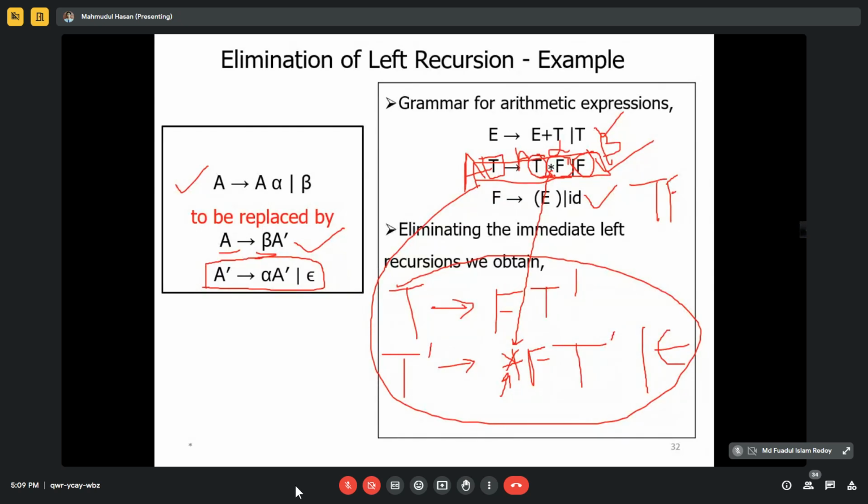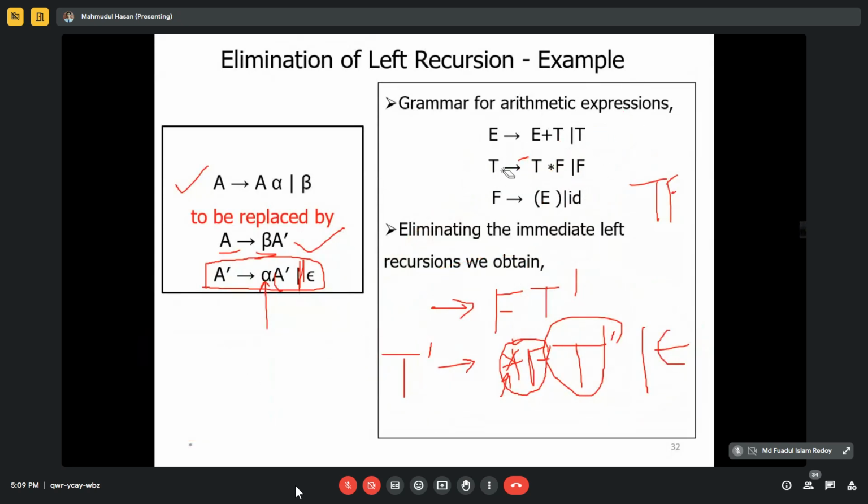That means you need to put asterisk F here first because this is the alpha. Then A dash, that is T dash. Then epsilon. Okay, got it, everyone? Yes, sir.